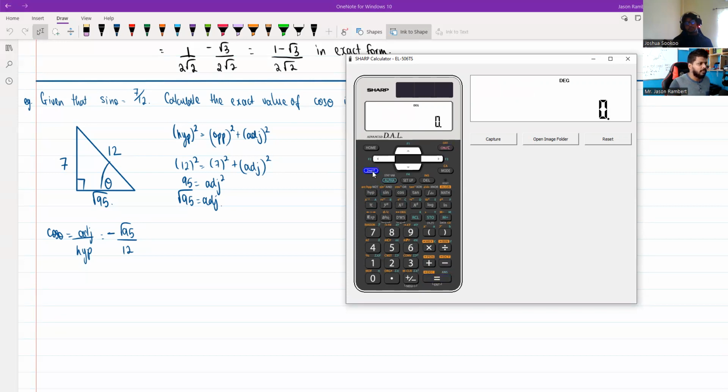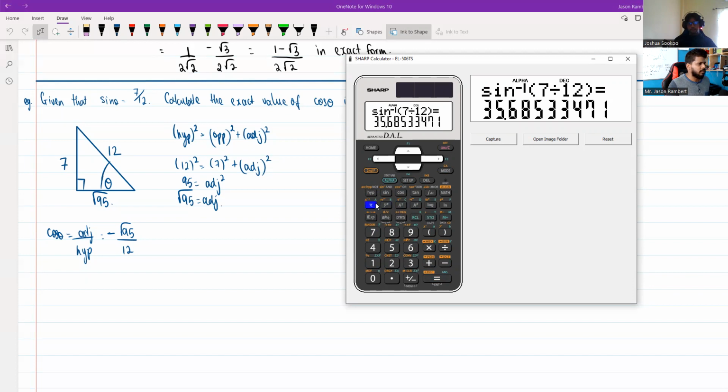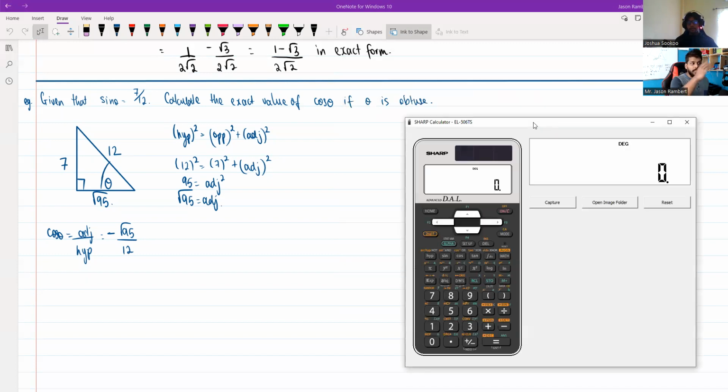Sorry, I put cosine inverse of theta. Did I store it properly? Let me do it over. Sine inverse of 7 over 12 is that, and I'm storing that in A. Theta is obtuse, so that is my principal value for theta.